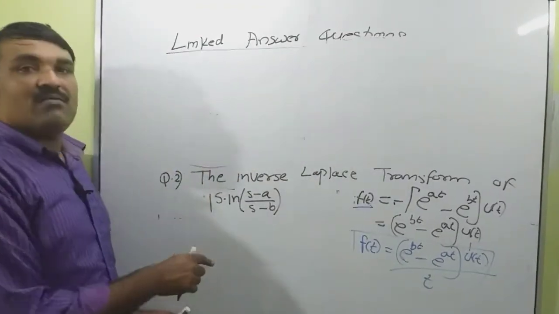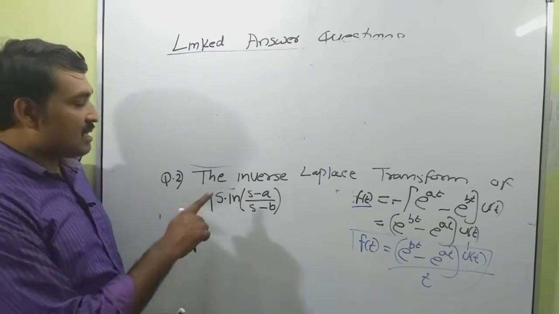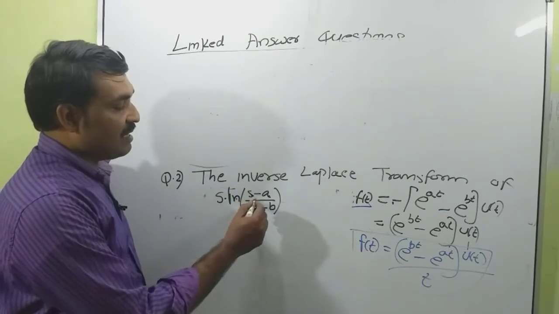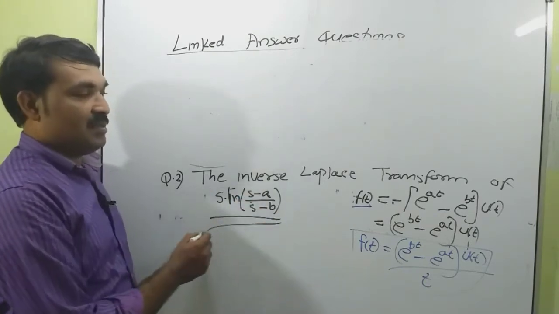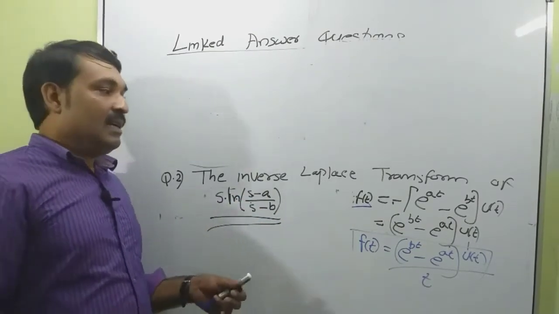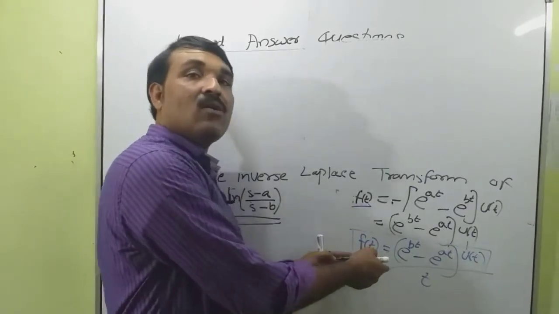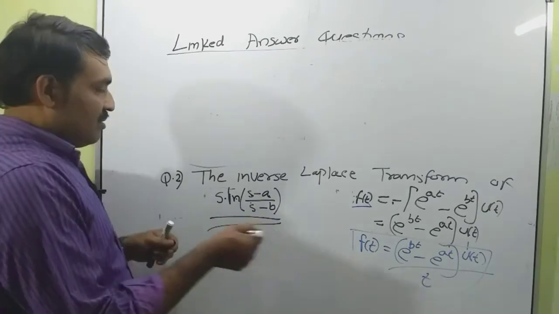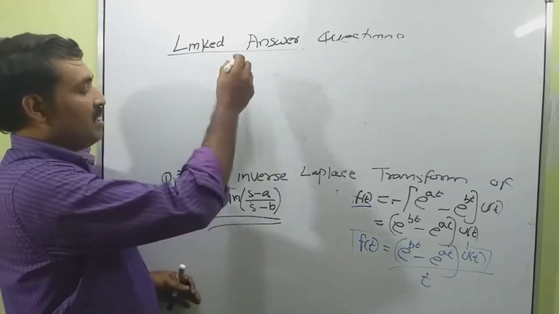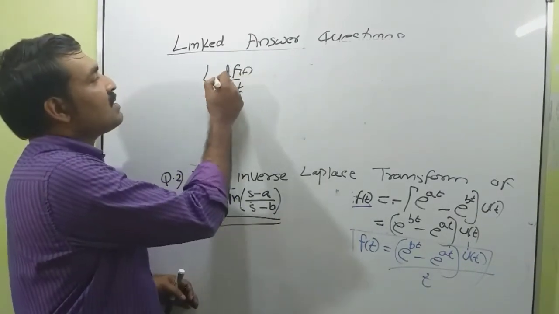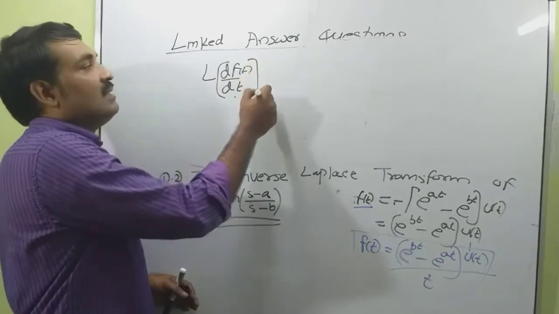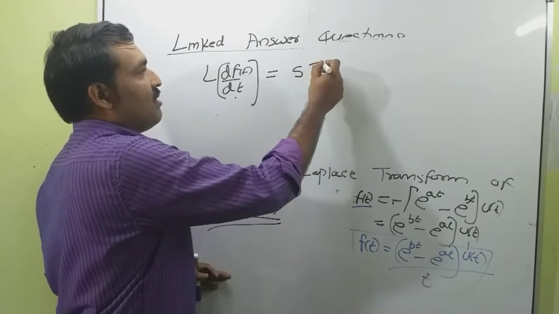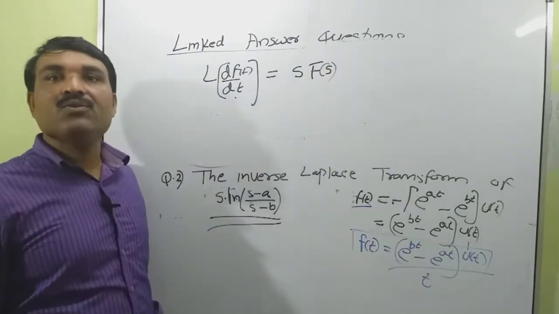Okay, now we want to find the inverse Laplace transform of s into ln of s minus a divided by s minus b. Okay, in a linked answer question, if the first answer is correct, then only the second answer will be evaluated. Okay, we can use this property. The Laplace transform of df by dt is equal to s into F of s.